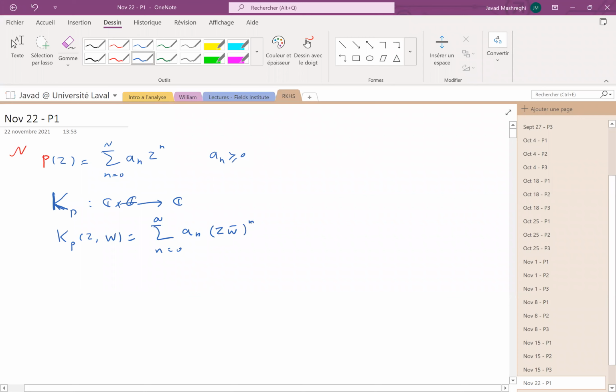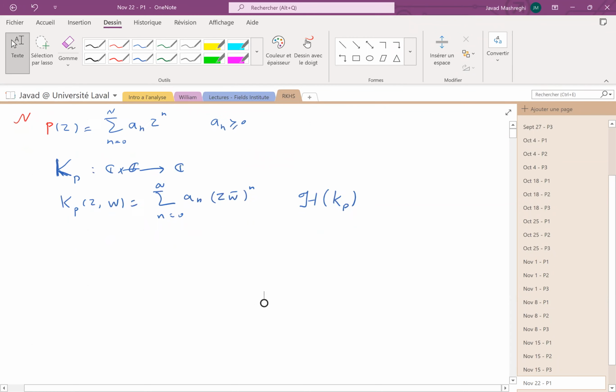We showed that this is positive. We even talked about H of K_P and discussed its elements.